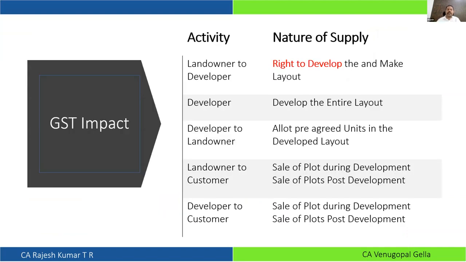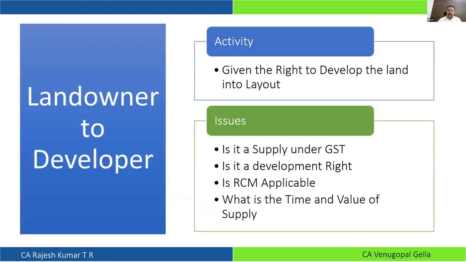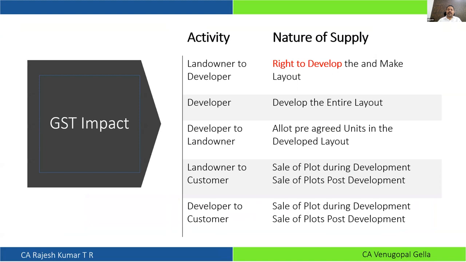These transactions, if we have to look at them, what are all the elements of supply involved? In the first stage, when the landowner gives his land for development, is there any supply? In a common understanding, generally we will not see that any service is said to have been given by the landowner to the developer.